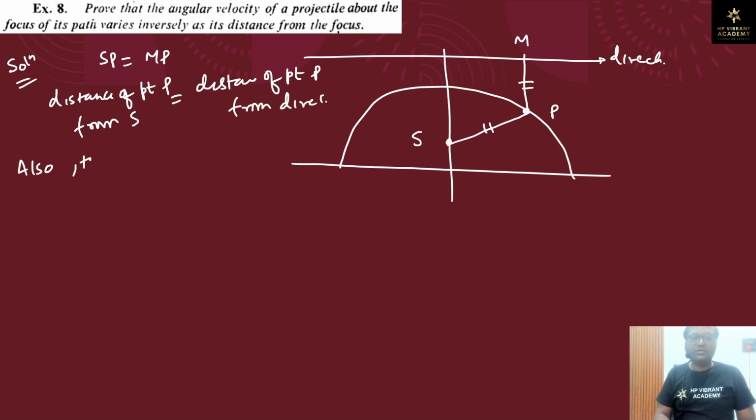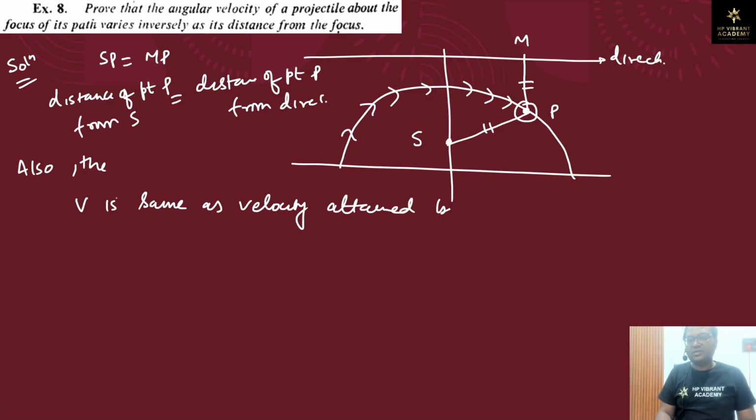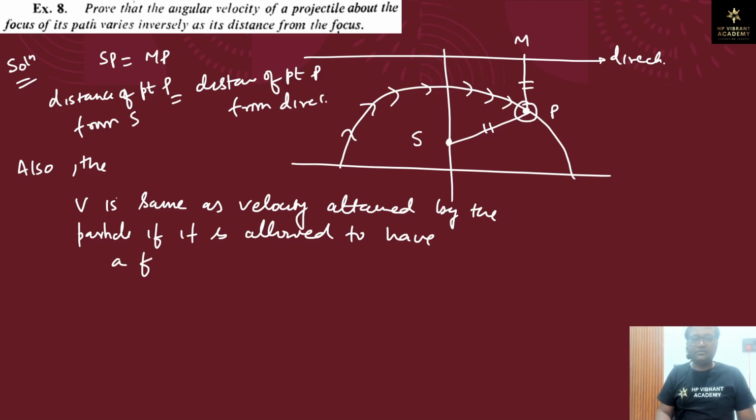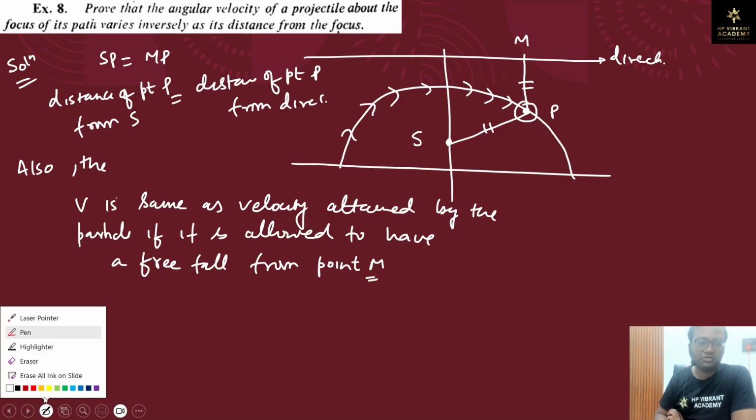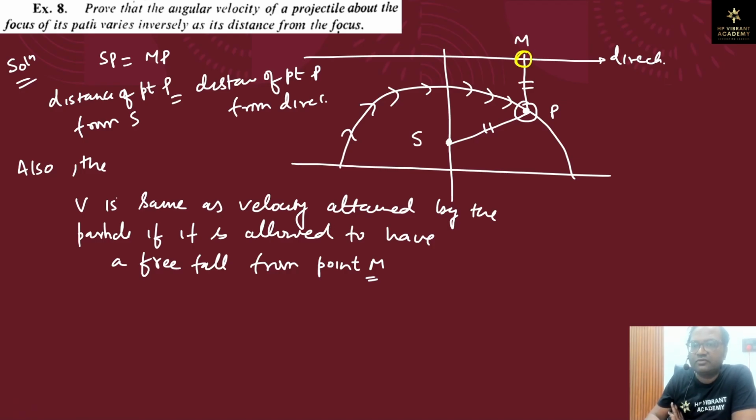Also, let us consider the velocity attained by the projectile at point P as V. The value of this V is the same as the velocity attained by the particle if it is allowed to have a free fall from point M. Suppose the particle is allowed to fall freely from this point M; it will attain some velocity at point P. Let us consider this velocity as V dash. So V dash is equal to V, as simple as that.